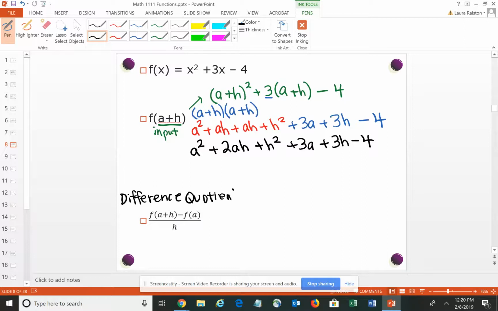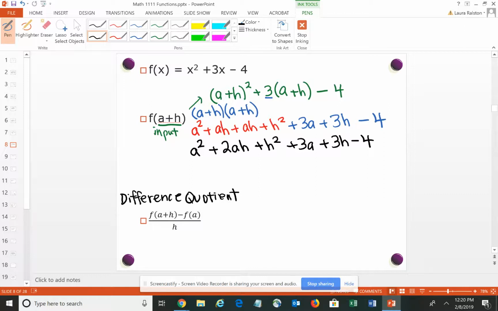And I mention it here in this idea of evaluating a function because this is one of the things that you need later on as you progress through the upper level math. In fact, the difference quotient is one of the basic formulas that you use within calculus. And so it's important that you know how to evaluate a function so that you can apply the difference quotient.